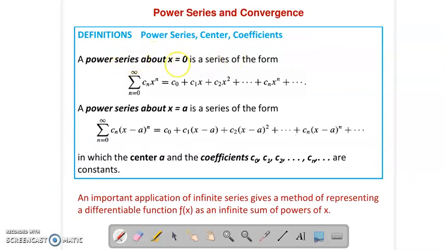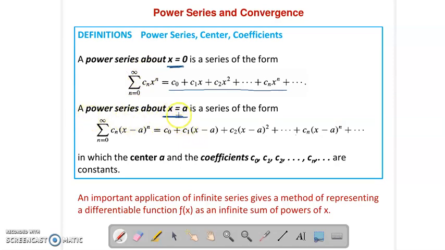A power series about x equals 0 is a series of the form summation n going from 0 to infinity Cn into x to the power n. So basically this series can be written this way: C0 plus C1x plus C2x square, plus we keep on going like this. So this is about x equals 0. We can also write a power series about x equals a. A is some non-zero quantity.